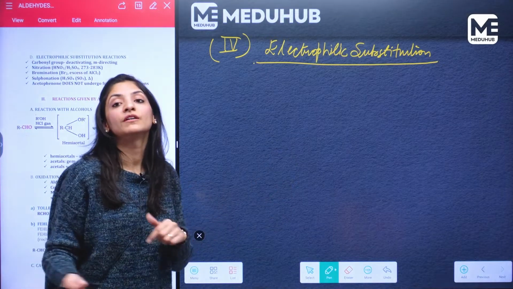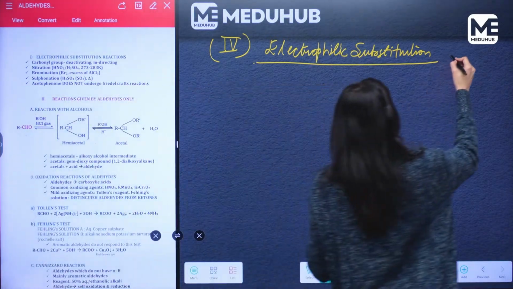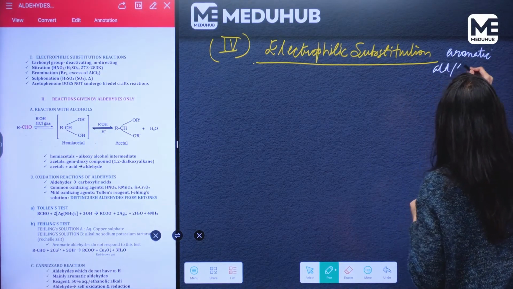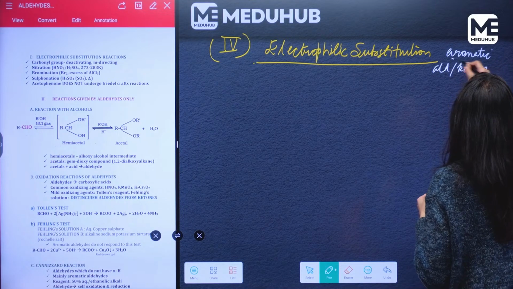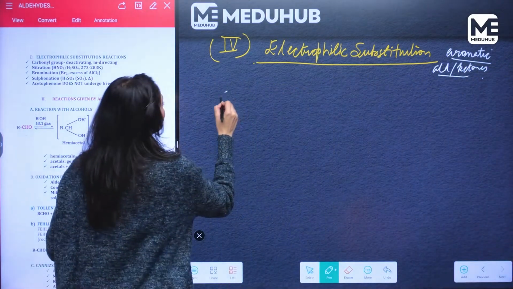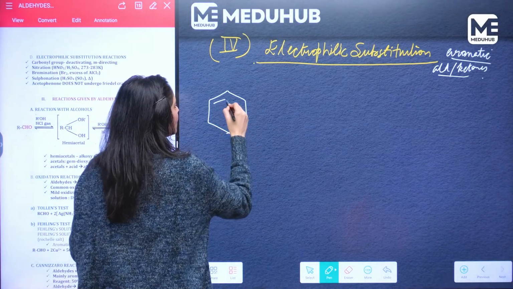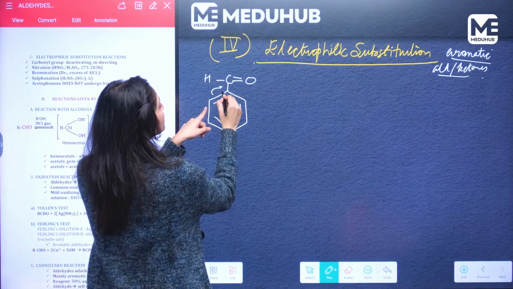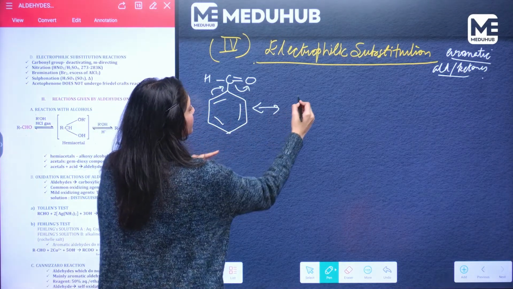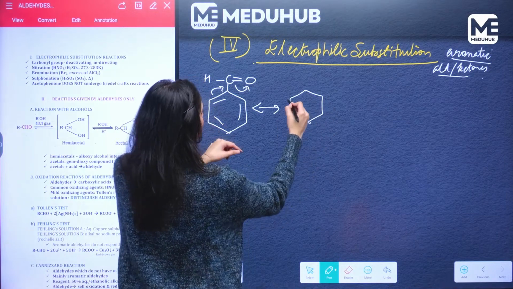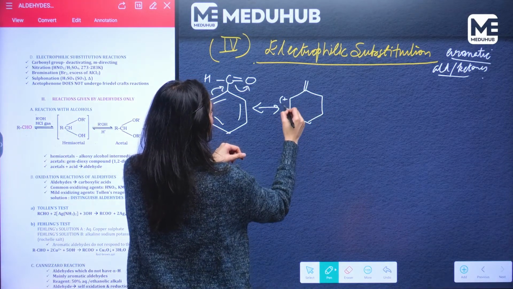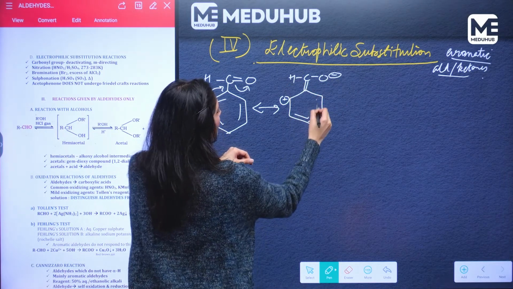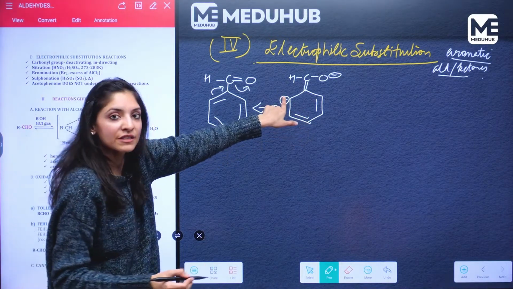We have already talked about electrophilic substitution in aromatic compounds. So this is valid for aromatic aldehydes or ketones. If you look at the carbonyl group here attached to a benzene ring, you will see that upon drawing the resonance structure, the ortho position here gets a positive charge.